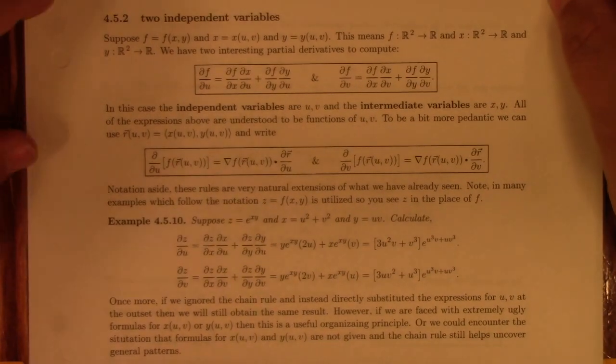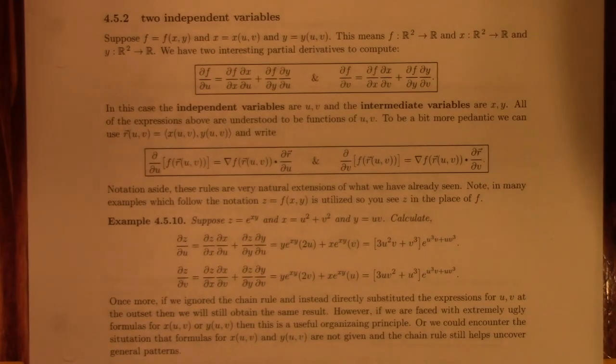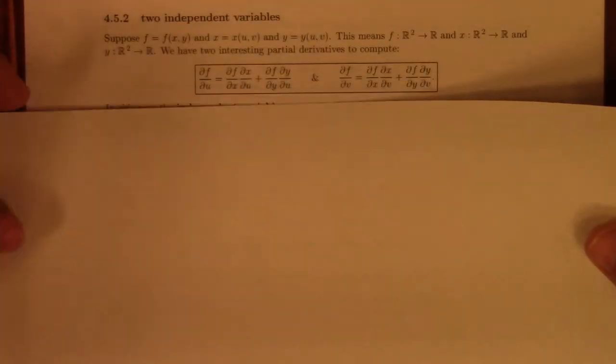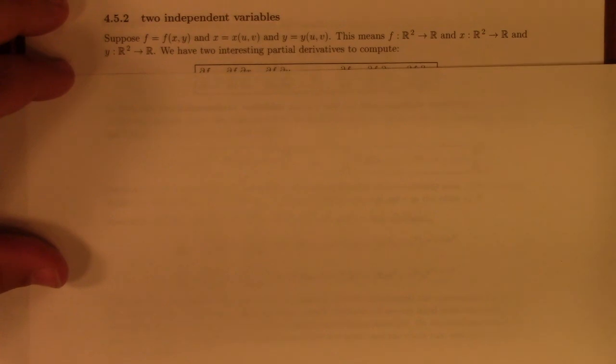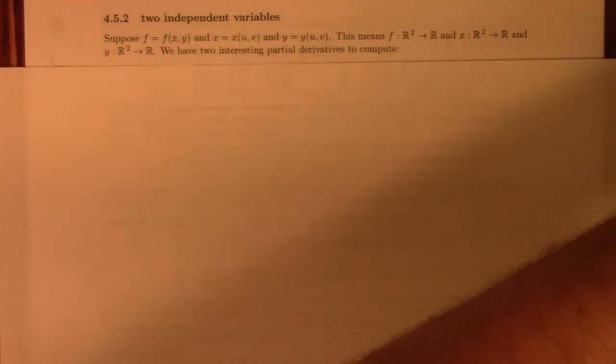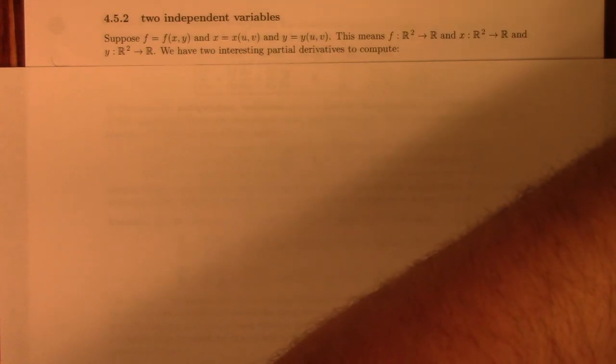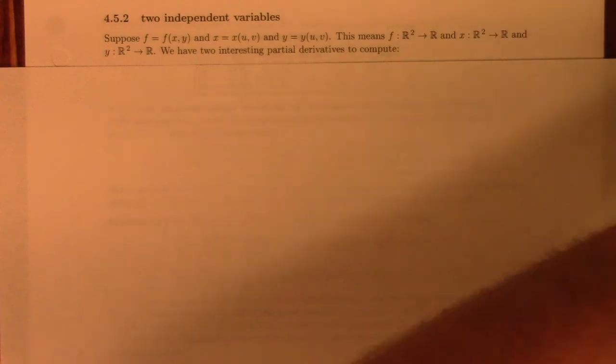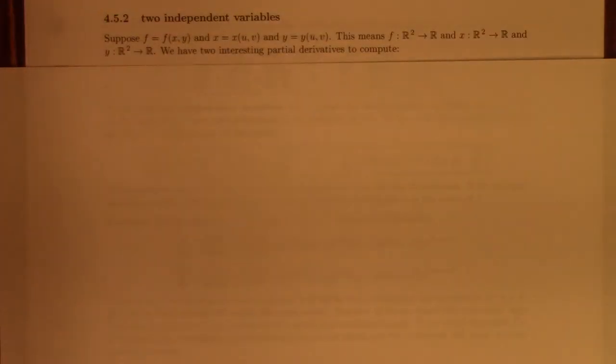We're going to use u and v for our 2 independent variables. I wrote this out on a separate paper, so let me get that paper here for a second, and then we'll go back to my notes. I will eventually find that paper.